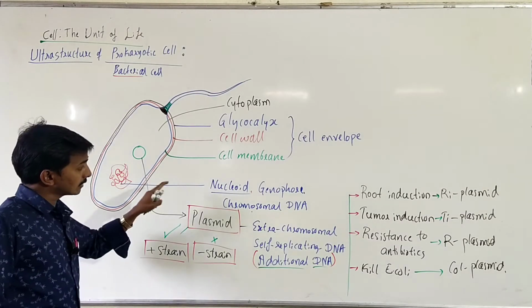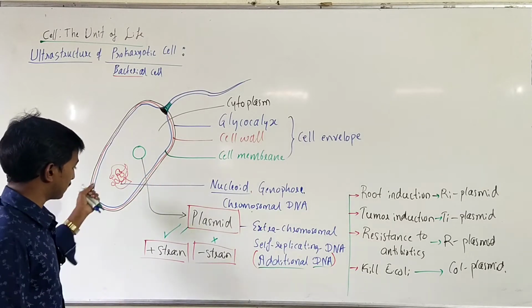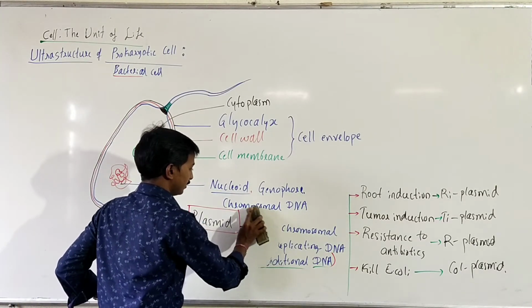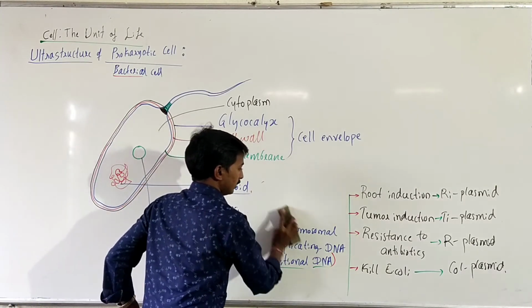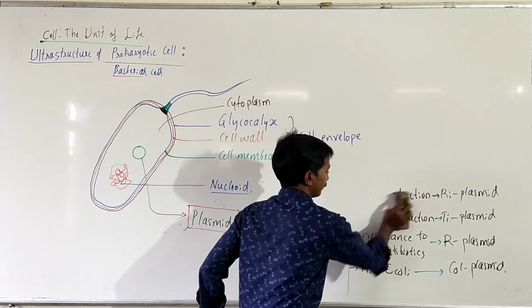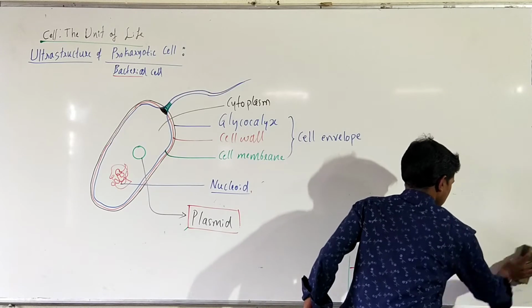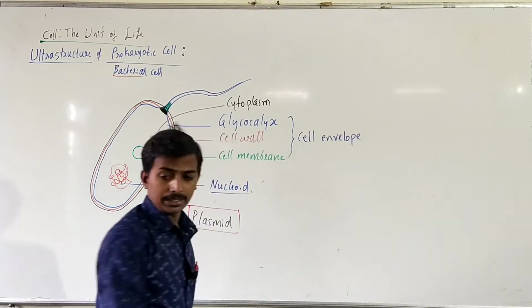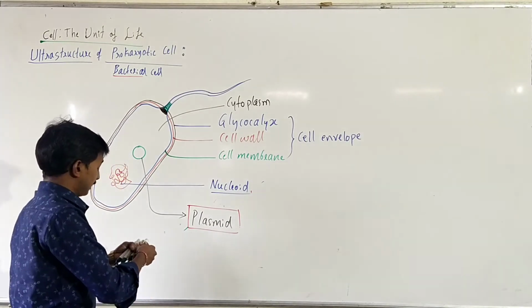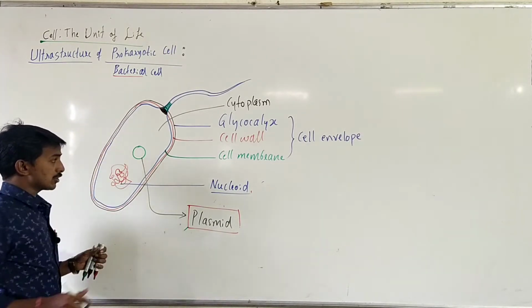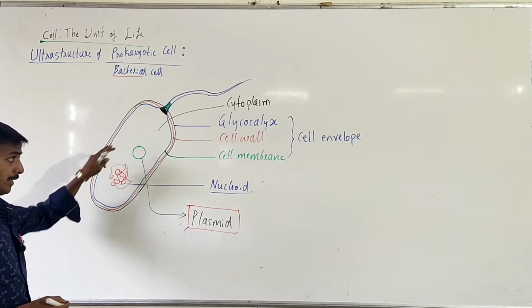Right. Then other than that, what are the parts present in a bacteria? Let us see again. Okay, this is okay about the bacteria and the genetic material. So other than this, the prokaryotic cell contains the infoldings of the plasma membrane.